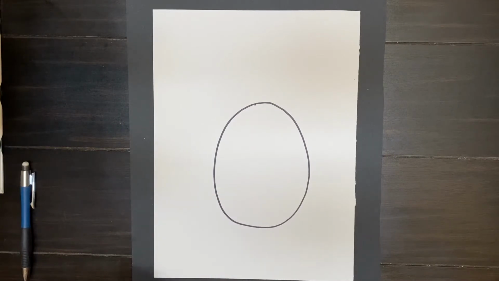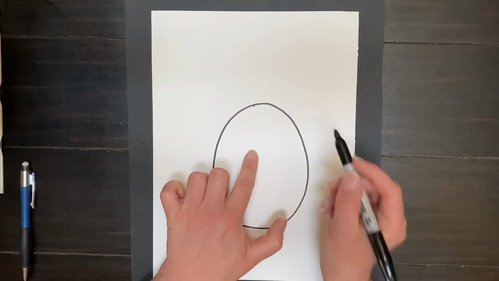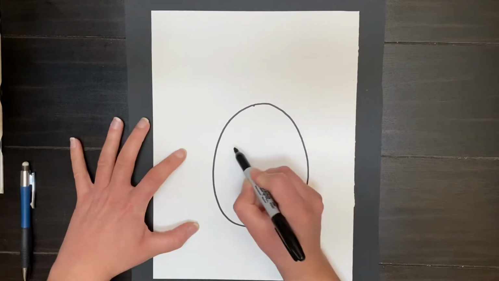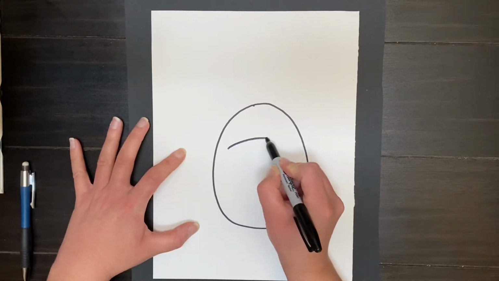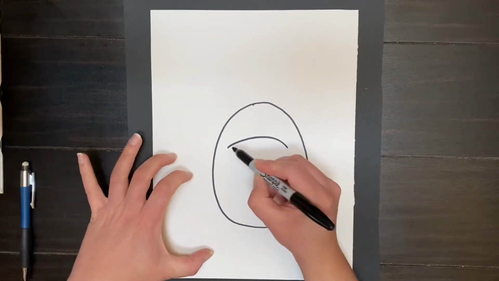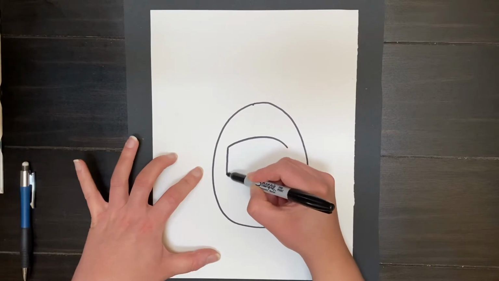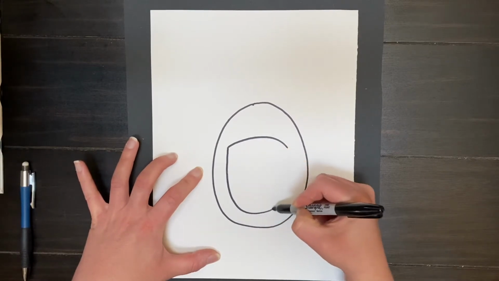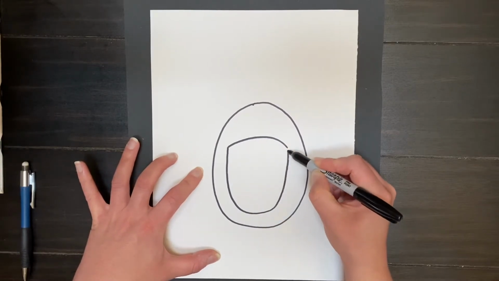So I'm going to go into the oval shape a little bit towards the top, and I'm going to start by making a curved line for the top of my owl's head. And I'm going to connect the rest of the body by making a U shape to the other side.